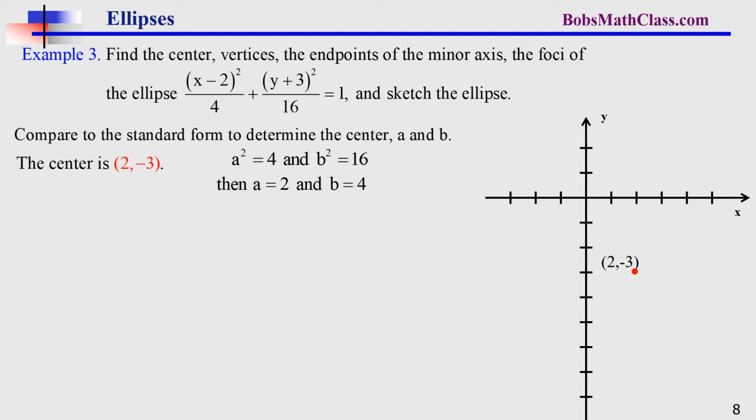So just count over 2, put a point to the left and right, count up and down 4 for our other points. So 2 left and 2 right, that'll give us (0, -3) and (4, -3). And now 4 up and 4 down, that'll give you (2, 1) and (2, -7).